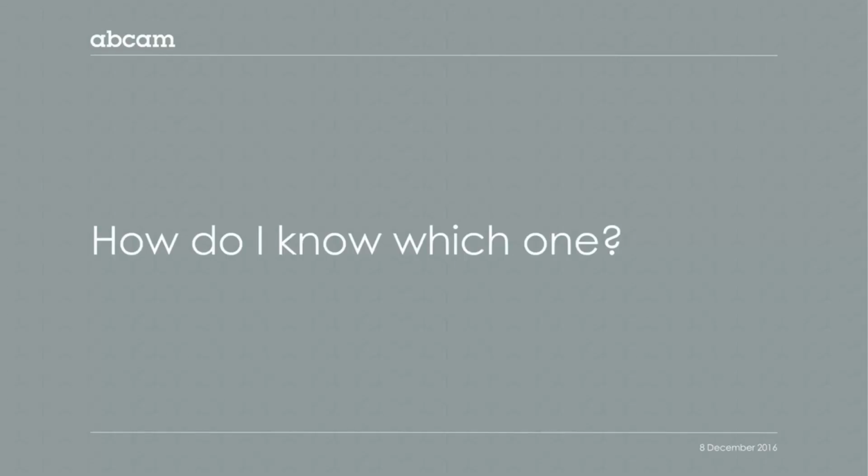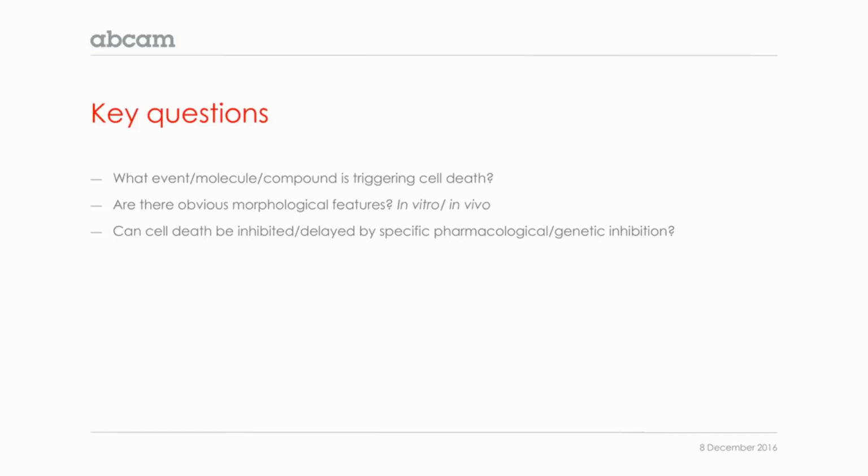So now that we have reviewed an extensive list of multiple types of cell death, we want to know, of course, how do we know which one is happening in our system? So there are a few key questions and issues to consider before you start thinking about running lots and lots of markers.